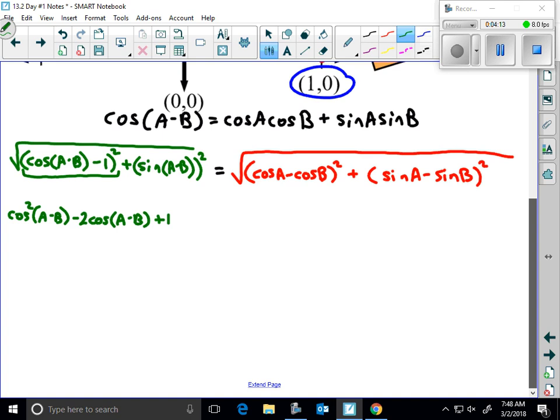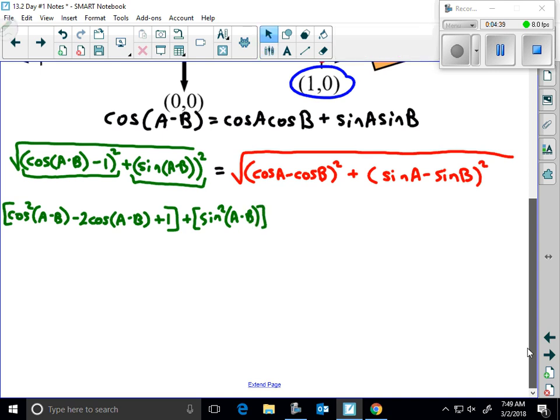So if I expand that, that's what I get. And I'm going to drop the radical because both sides are square roots, so I can just square both sides and get rid of it. So just assume that I've done that. And then this piece, if I square that, I just get sine squared of A minus B. I kind of like that because it's very simple.